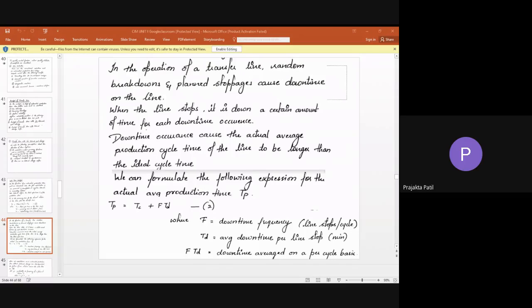Maybe the system is kept idle till you get somebody to fix it. After the person comes, he repairs it and puts it back into action. All of that time is counted as downtime. So we have this product F into TD, which is the downtime averaged on a per cycle basis.